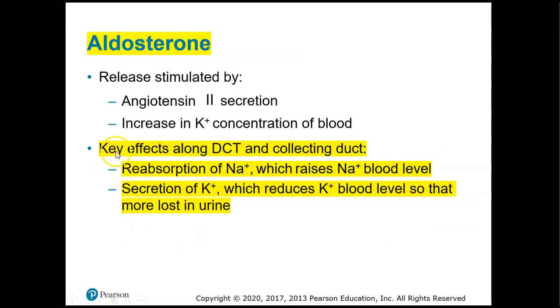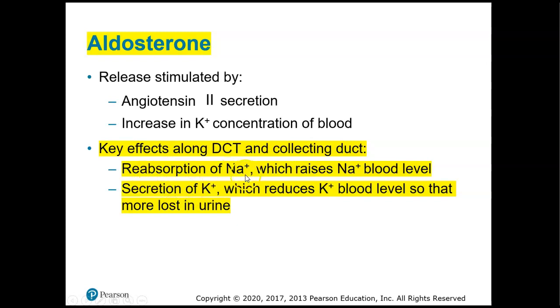The effects of aldosterone are going to be reabsorption of sodium along the DCT and collecting duct, and of course, water follows salt. So it raises the sodium blood level, and water is going to follow the sodium by osmosis. And secretion, remember the difference in reabsorption and secretion.